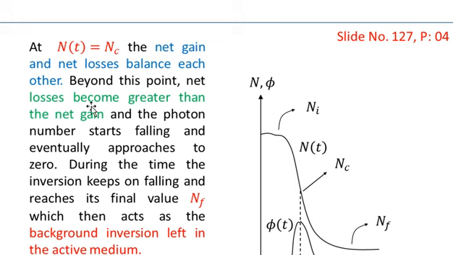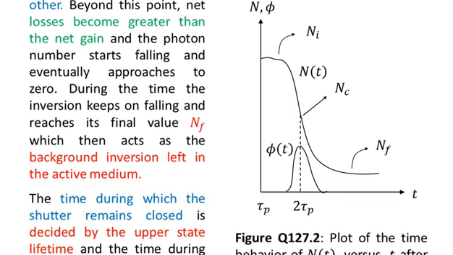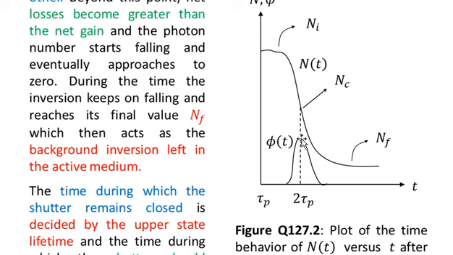So beyond this point, the net losses become greater than the net gain and the photon number starts falling and eventually approaches zero. The reason to explain the decay in the number of photons is that the cavity loss becomes greater than the gain in the medium.